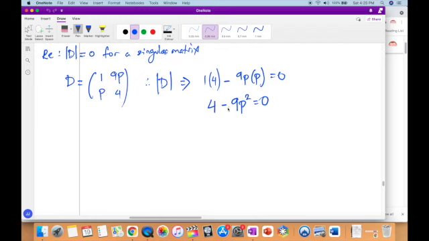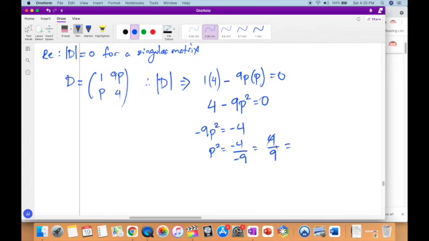I'm not wrong there, right? All right. So then I fling across the 4, so now I have negative 9p squared is equal to negative 4. That is right. And now I'll have p squared is equal to negative 4 divided by negative 9, which is positive 4 on 9.